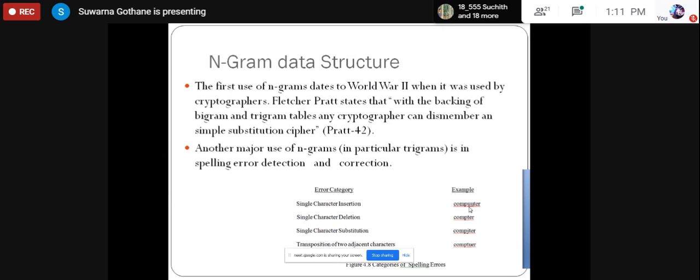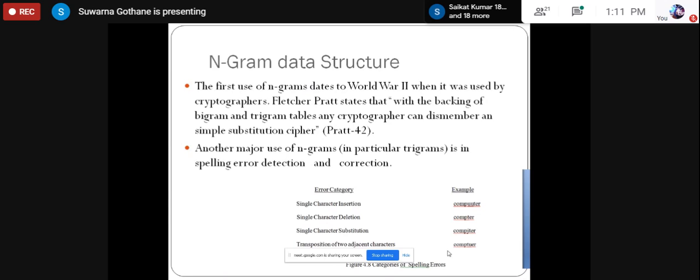So in any case, if you have typed multiple characters, or if you have not typed any of the characters, that can be resolved by making use of this n-gram data structure. Or if a particular spelling mistake is made, for the sake of the single character, if any character in the particular spelling is wrongly typed or misspelled, that can also be corrected.